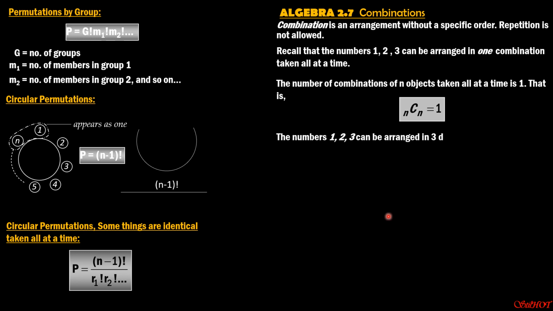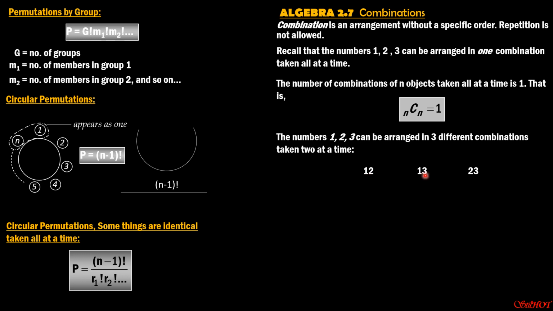Then, the numbers 1, 2, 3 can be arranged in 3 different combinations taken 2 at a time. What are those? 12, 13, and 23. So this is just one combination. In permutations, we can have 2, 1.